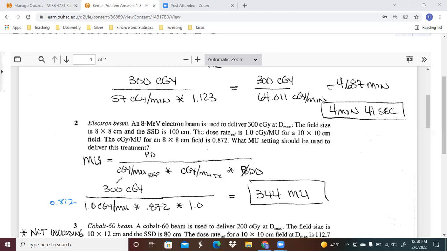So we take 300 and divide it by 0.872, and we come up with 344 monitor units. In this particular case, the PDD is just going to be 1.0 because we're doing this at Dmax. And so there you have it. That's for those two. I'll be adding some more videos here for other problems as well.